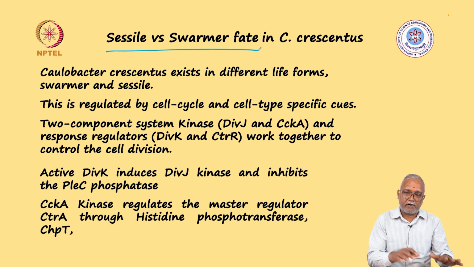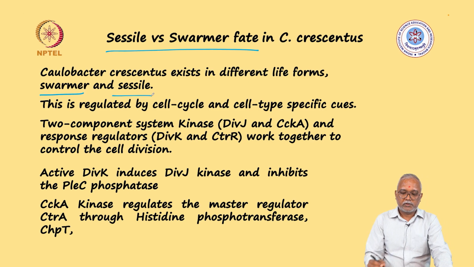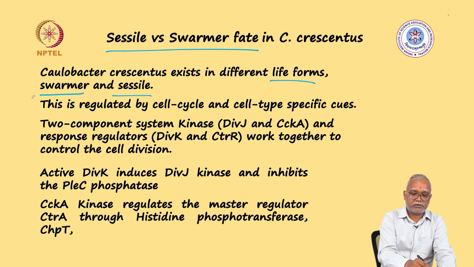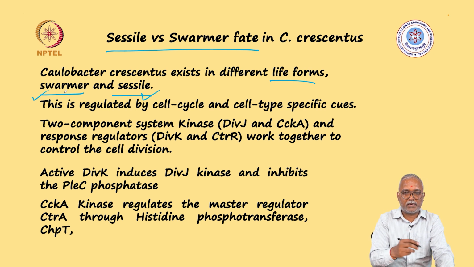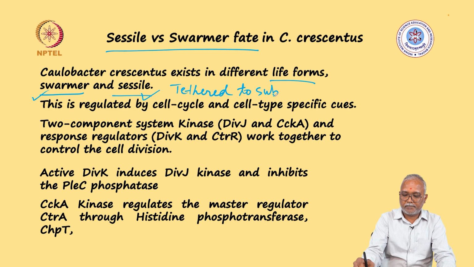This situation is different because here the cue to remain swarmer or sessile is very different. So this bacteria exists in different life forms, swarmer or sessile, meaning here it will be freely moving, utilizing its flagella, moving from one place to another, and this will be tethered to the substratum. So the sessile form will be tethered to substratum.